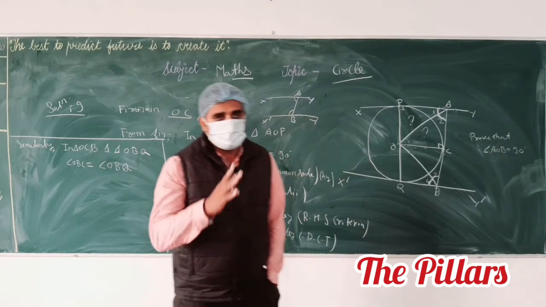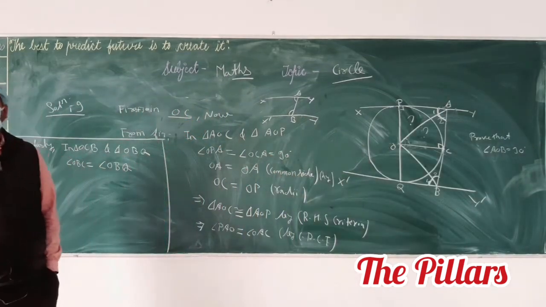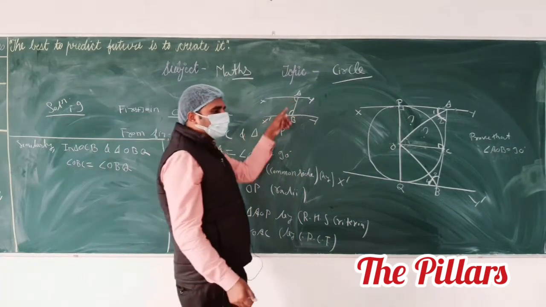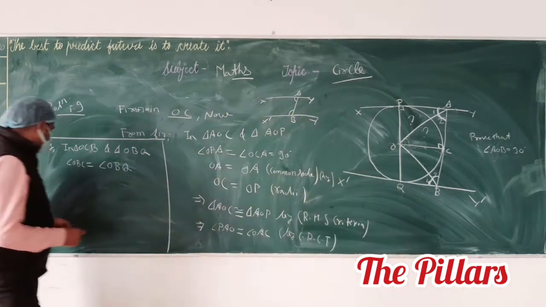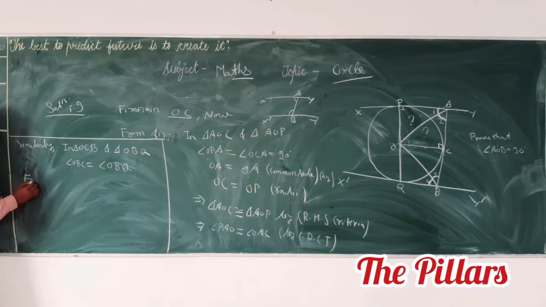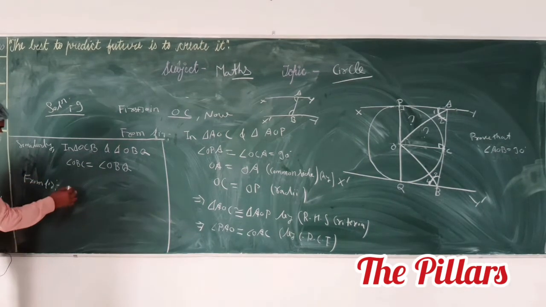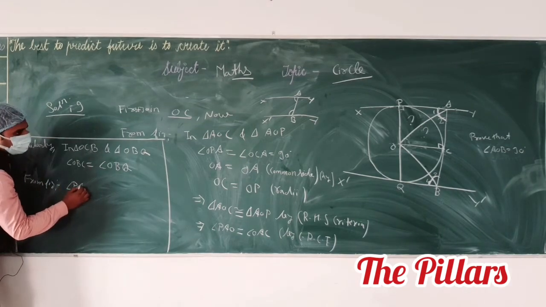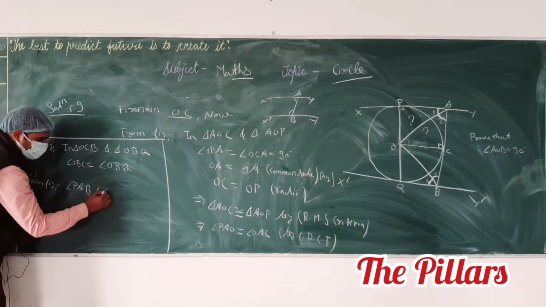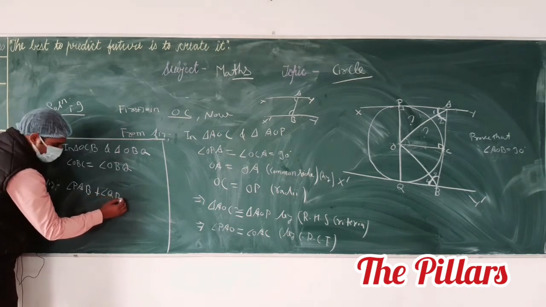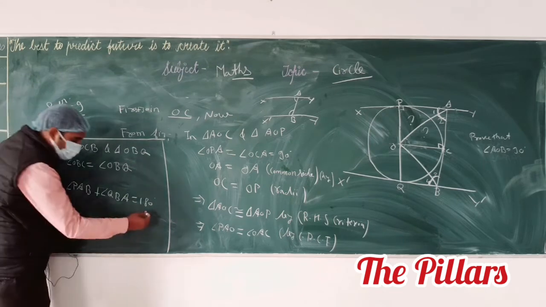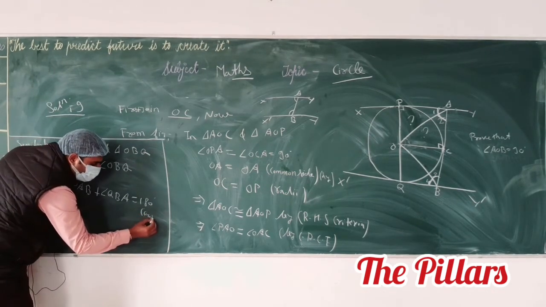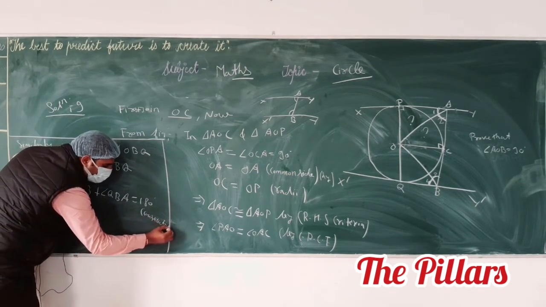This we have read in lines and angles, class 9. If two lines are parallel and a transversal cuts them, the sum of consecutive interior angles is 180 degrees. From the figure, angle PAB plus angle QBA equals what? 180 degrees. Why? Consecutive interior angles.